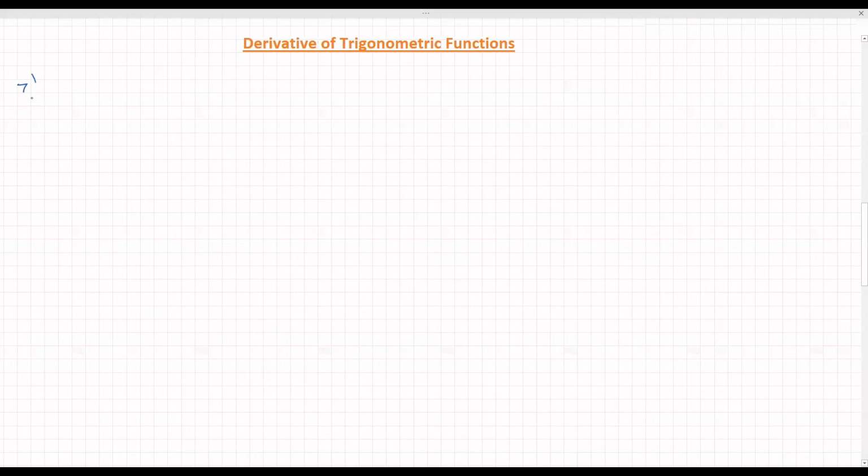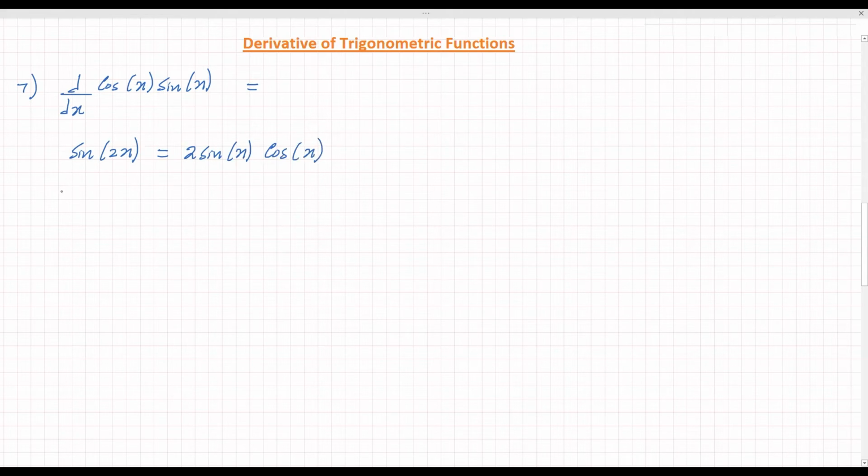Now we will talk about another variation. If you have a question like this, d/dx of cosine x times sine x, we have to know one trigonometric identity: sine 2x is equal to 2 sine x cosine x.